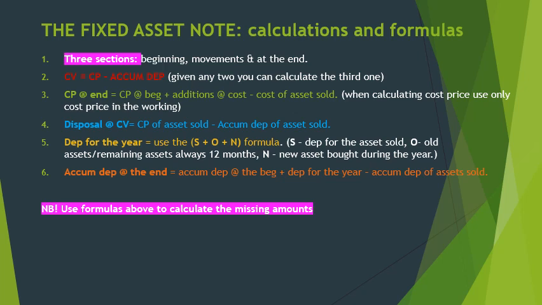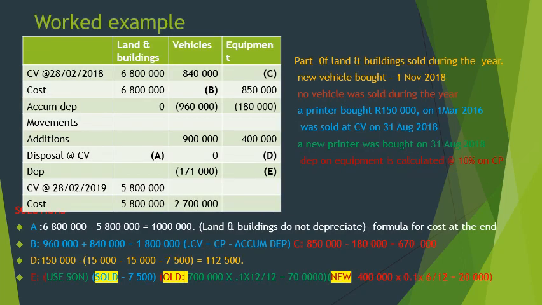So use formulas to calculate the missing amounts in the fixed asset note. Now we have a question here which says calculate the missing amounts. We have land and buildings at the beginning.